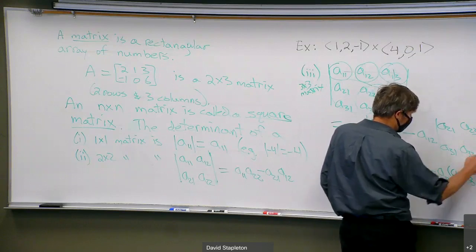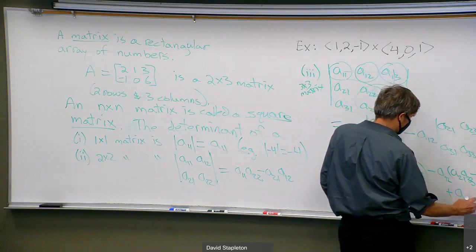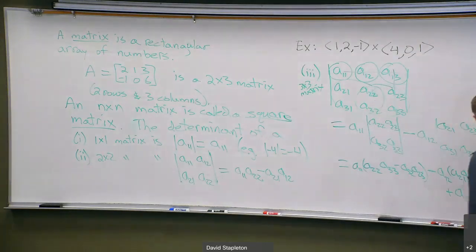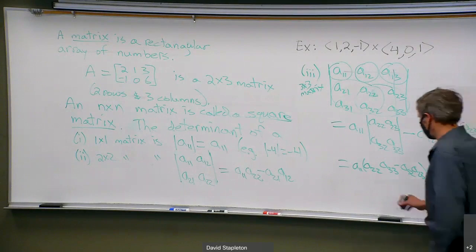And then plus A13 here multiplies this times this, A21 times A32, minus A22 times A31. There it is. And if you group all those things out, you find out it's the same as equation 1.